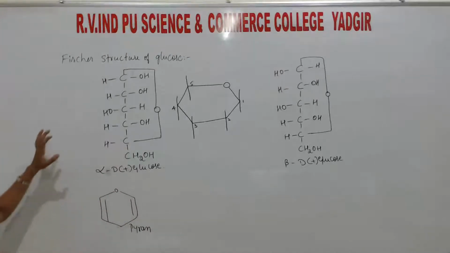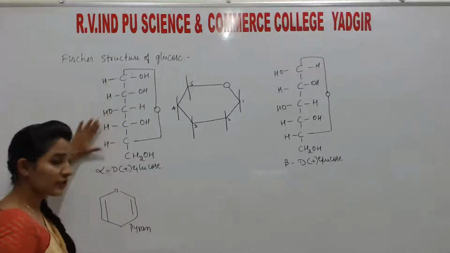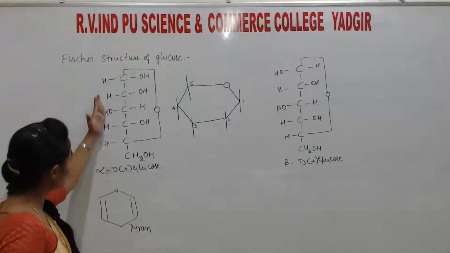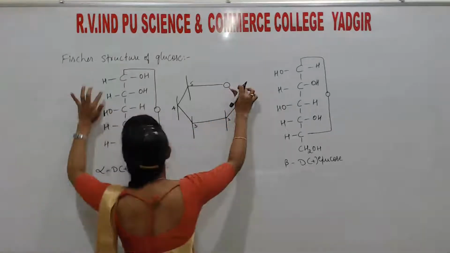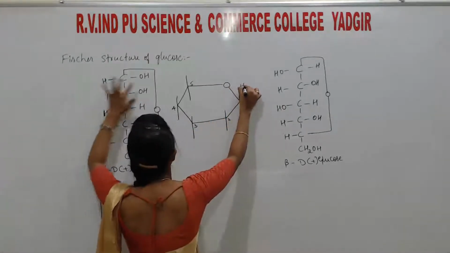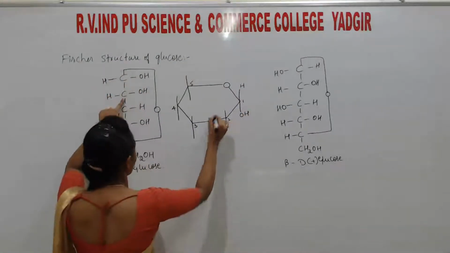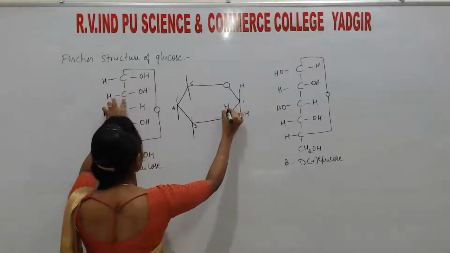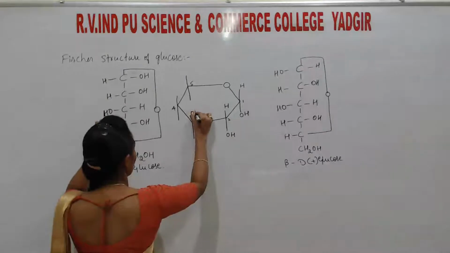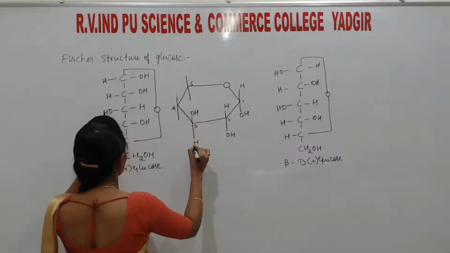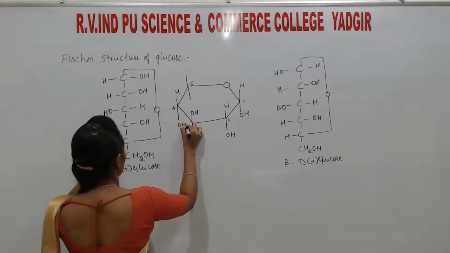If you want to write alpha D plus glucose, students, if you know the Fischer structure, remember, whatever is written on the left hand side, that is in this plane, means this is H, this one is OH for the first carbon atom. Second carbon atom, left hand side H, right hand side H. Third carbon, OH, H. Fourth carbon, H, OH.